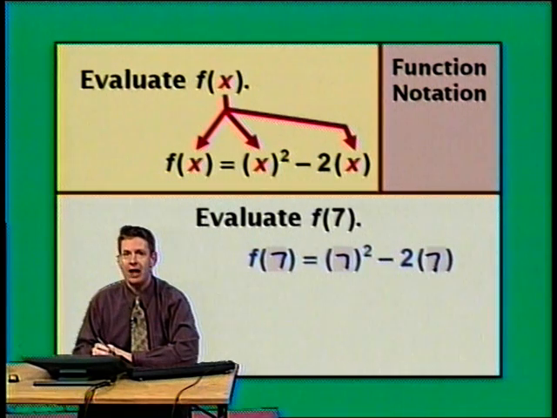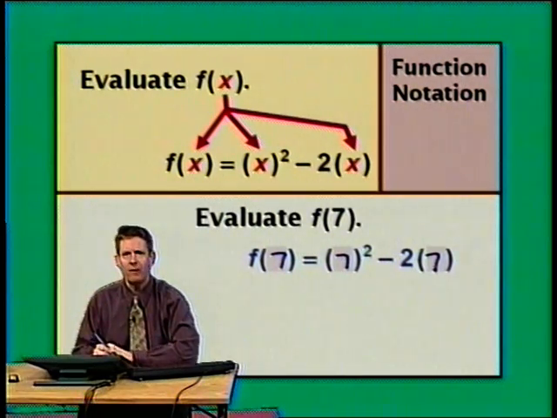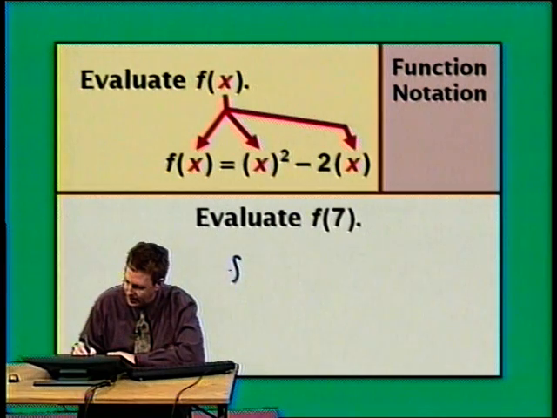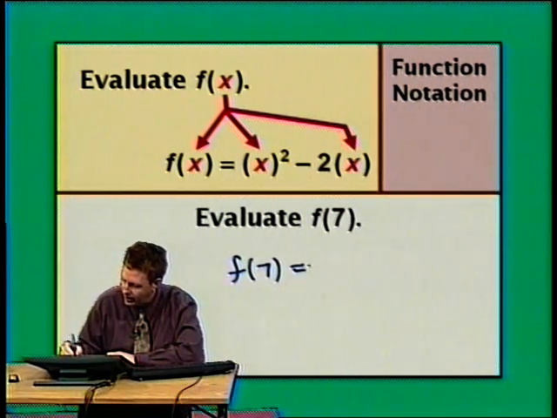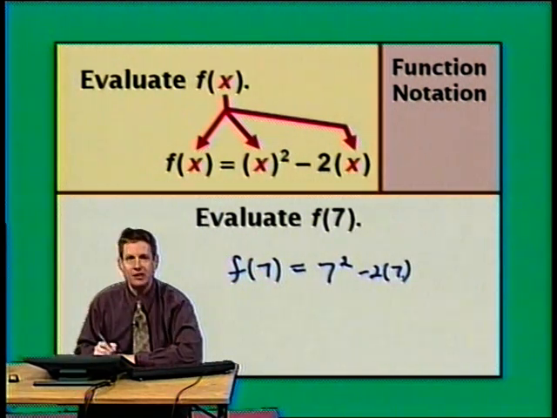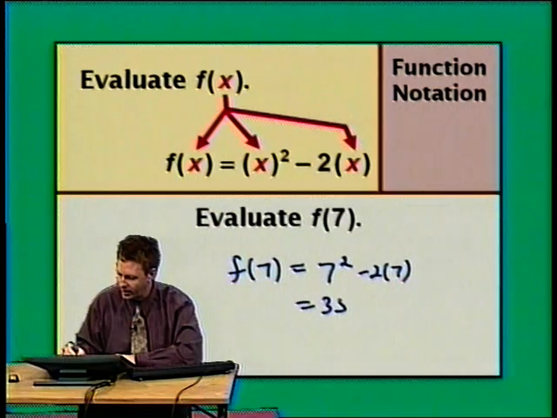But notice that in the second occurrence of 7, 7 squared, I don't really need those parentheses. So if I was really working this problem on my paper, what I would write is f of 7 equals 7 squared minus 2 times 7. Let's see, that's 49 minus 14, which is 35.